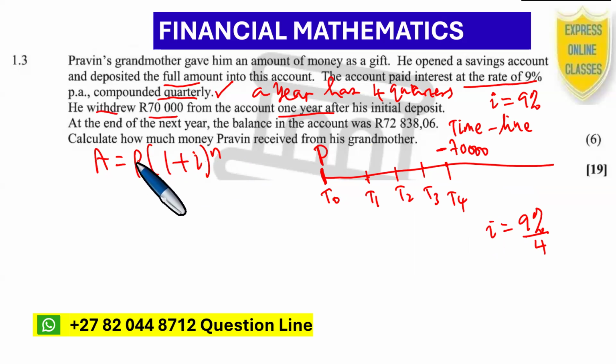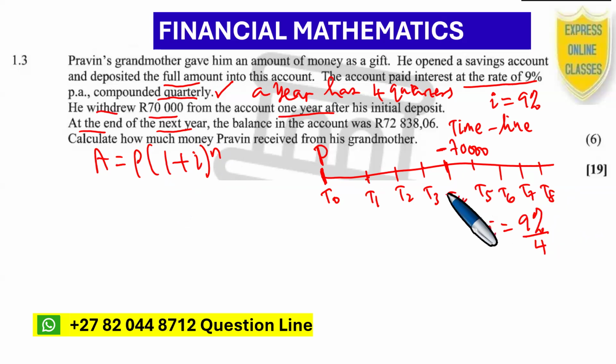At the end of the next year, the balance in the account was what? So there was a year. Then there is T5, then term 6, then 7, then T8.